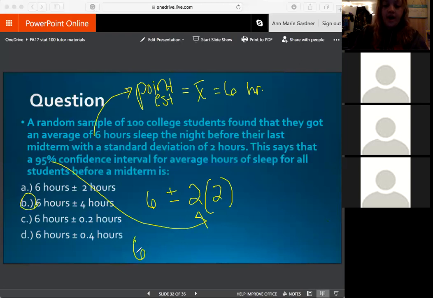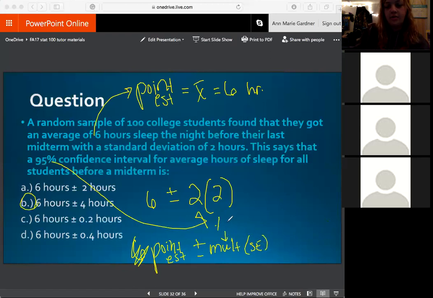So you have our point estimate, and then plus or minus our multiplier, times our standard error. You just want to make sure you use all of that in there. Remember, the multiplier depends on what our percent confidence interval is, so it's 2 for 95%. Does that make sense to everybody? I definitely understand what you said too.